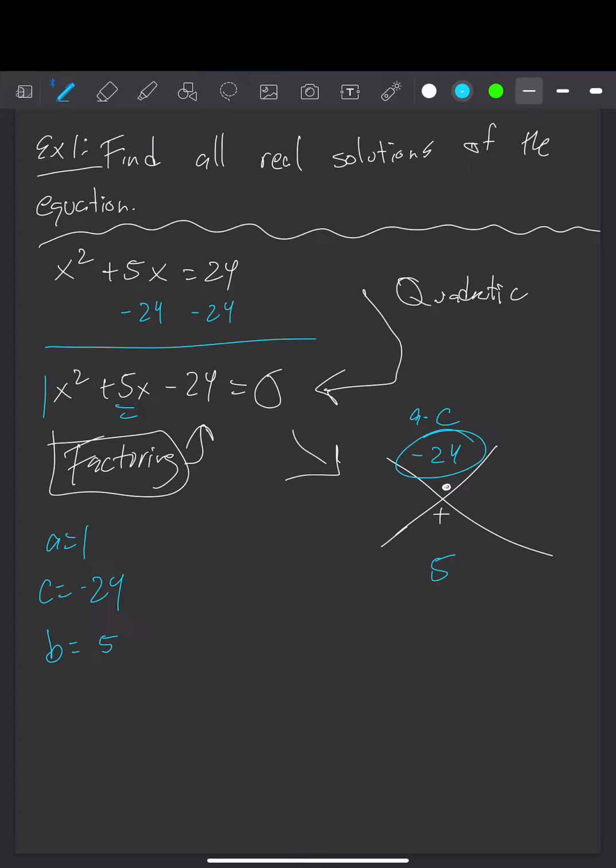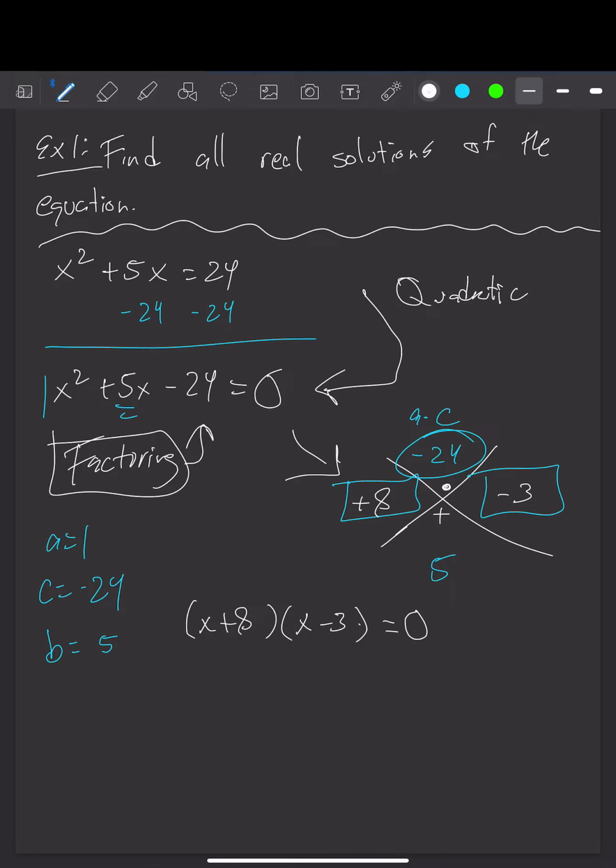Now you're trying to figure out the two empty boxes on the sides. You have to figure out what numbers multiply to give negative 24 but add up to 5. The ones I found were plus 8 and negative 3. So you create parentheses equal to 0: x plus 8, because we got a plus 8, and x minus 3, because we got that minus 3.